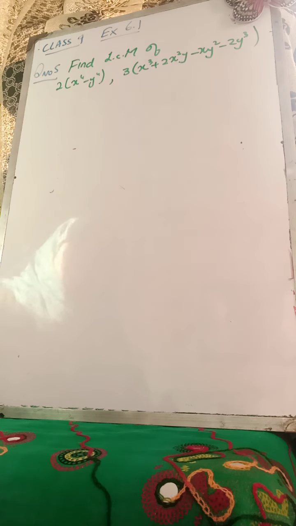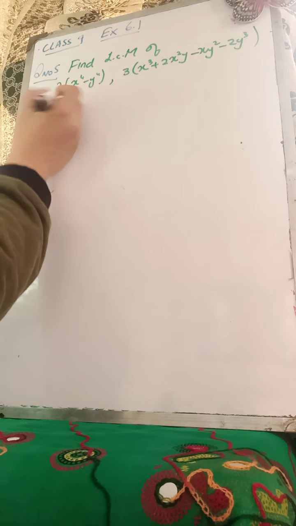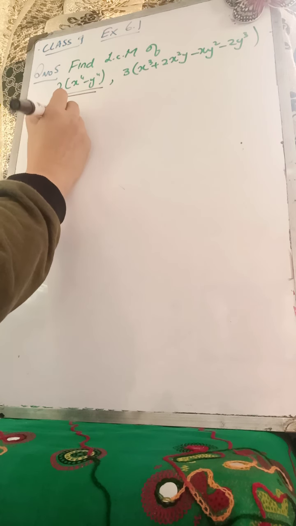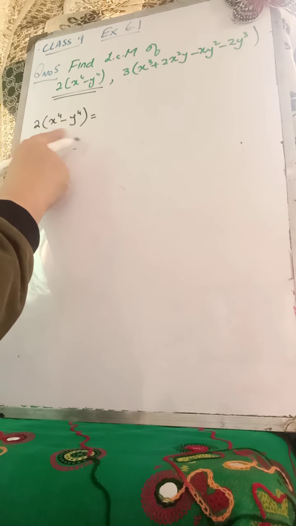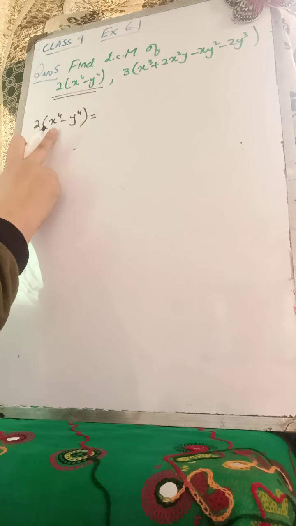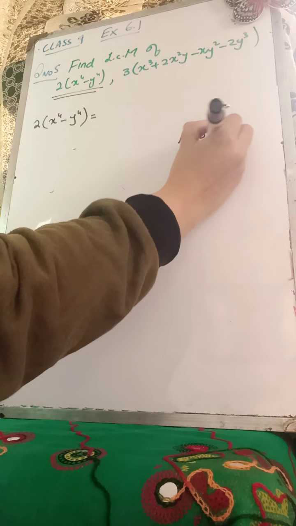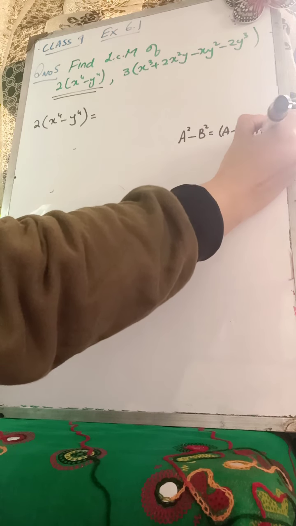So this is how we find the LCM. First of all, we are going to factorize these expressions. Let me take the first expression first. It is 2 into x raised to power 4 minus y raised to power 4. If I factorize this, we know that this is the difference of two perfect squares. Whenever we have the difference of two perfect squares, we use the formula a minus b into a plus b.